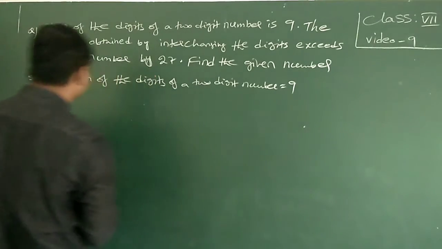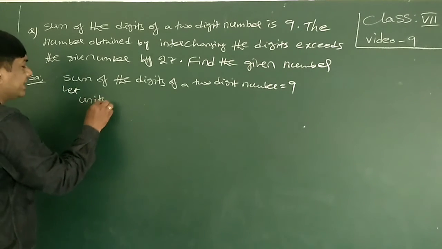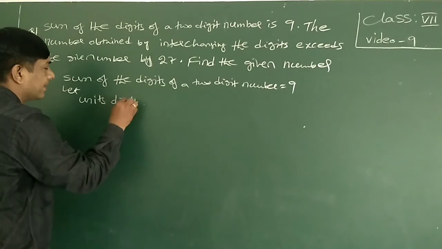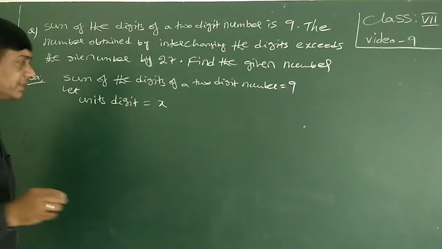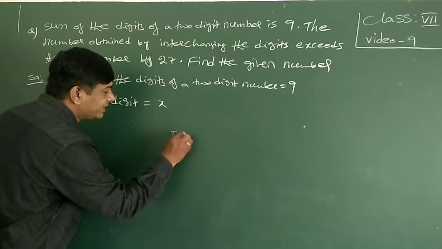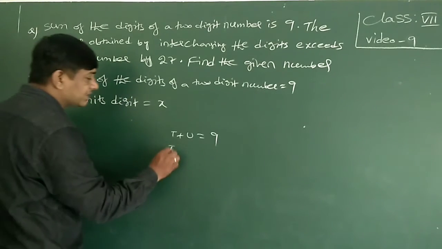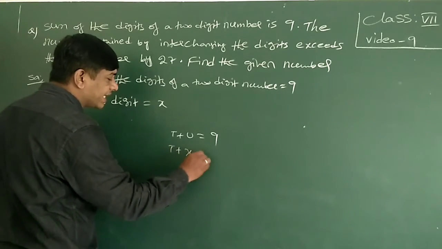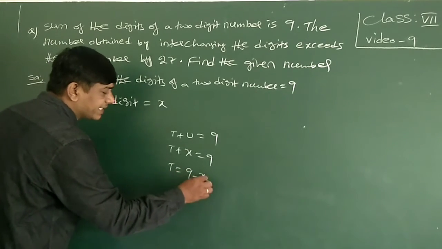Like this we have to take. Let us assume that the units digit is equal to x. As per the question, tens digit plus units digit is equal to 9. Since the units digit is x, tens digit plus x is equal to 9, so tens digit is equal to 9 minus x. Am I right?